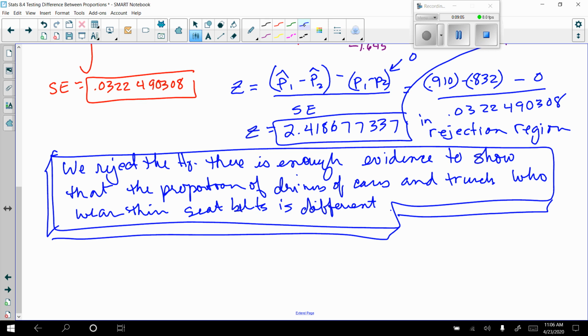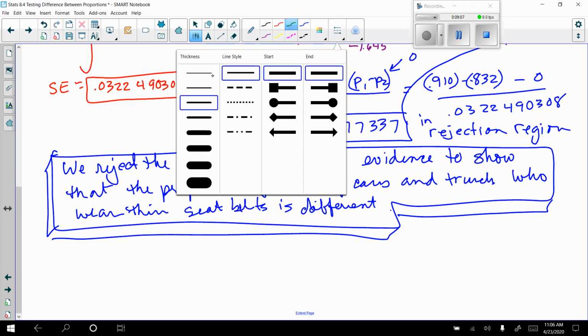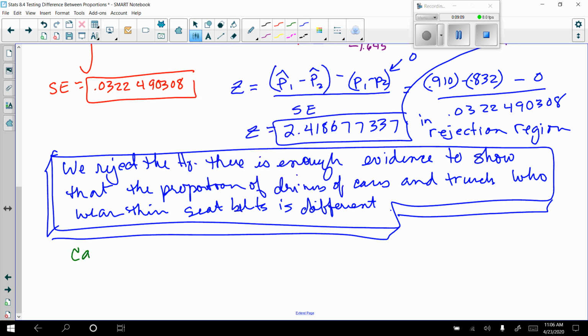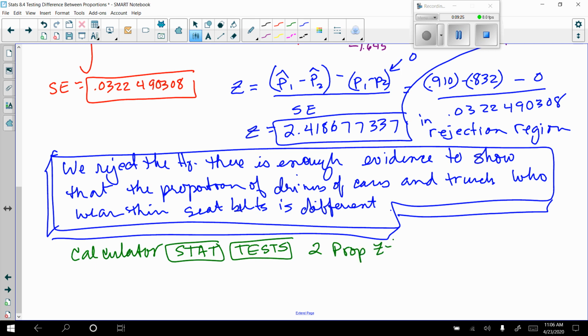You can do this test on the calculator also. On your calculator, you're going to go to Stat, then Tests again. You're going to pick a 2-proportion z-test, and you're going to enter the statistics.